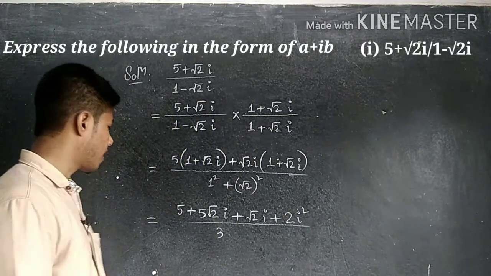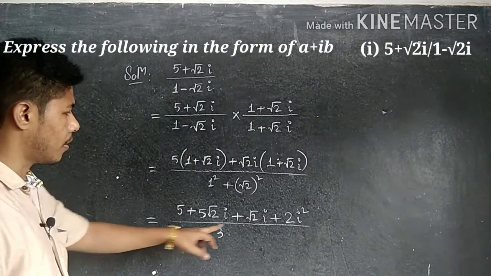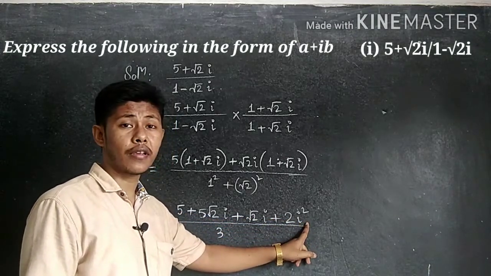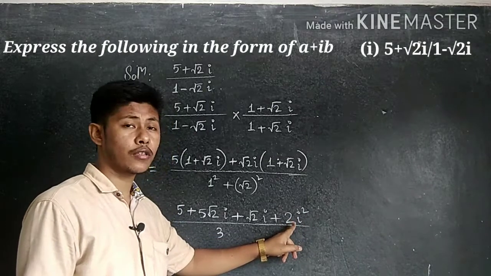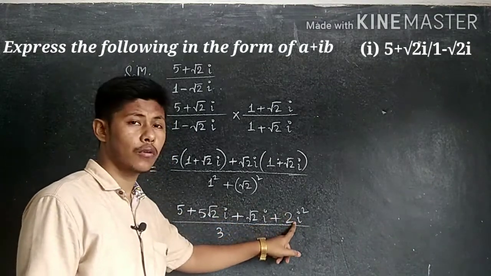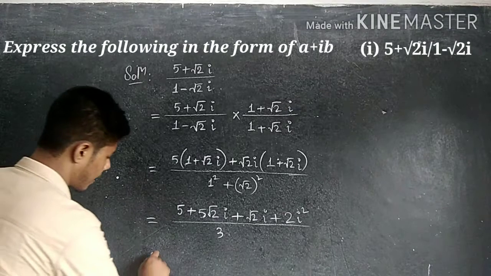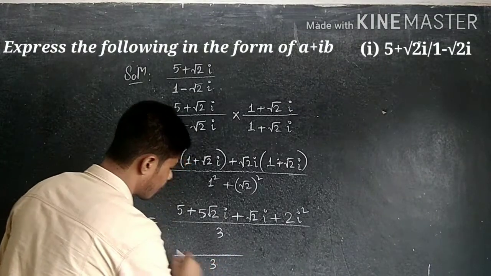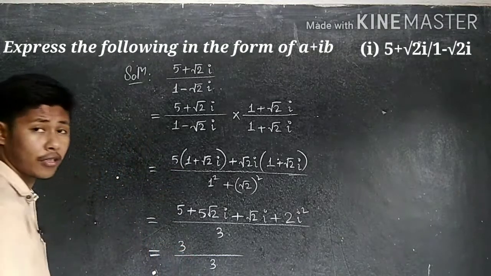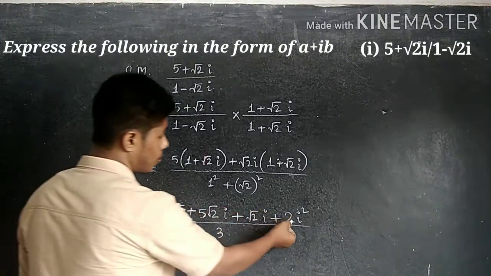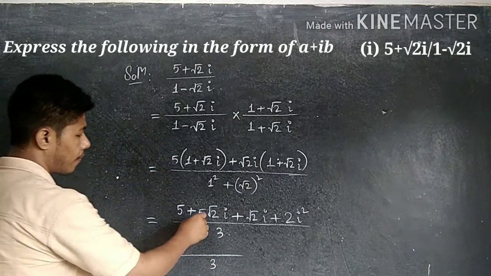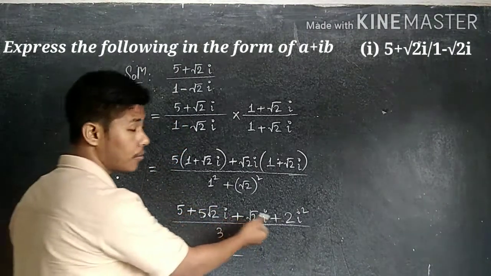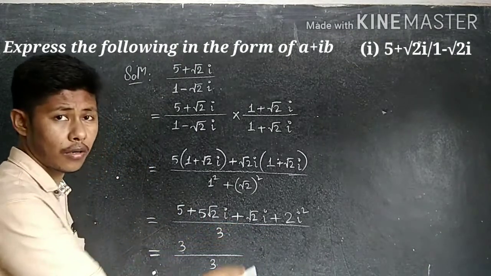Okay, now here after writing this one, i square means what, minus 1. If i square is minus 1, here minus 1 into 2 is minus 2, so 5 minus 2 is 3. So we can directly write down the result. Here 3 comes, do you understand? We subtracted 2 from 5. Similarly here 5 root 2 and root 2 are already there, so 6 root 2 we can write.